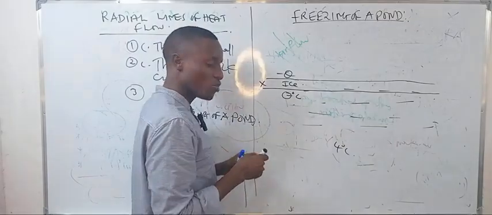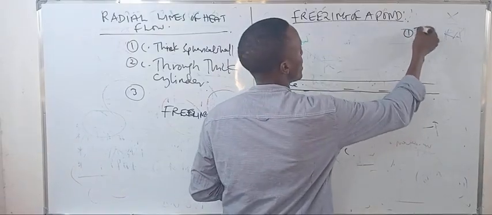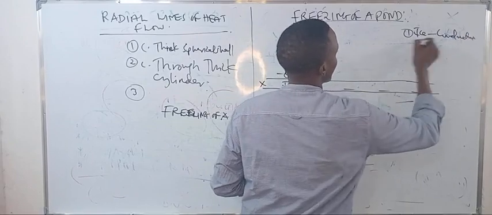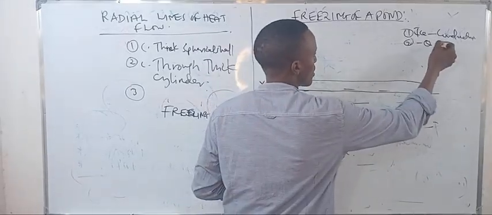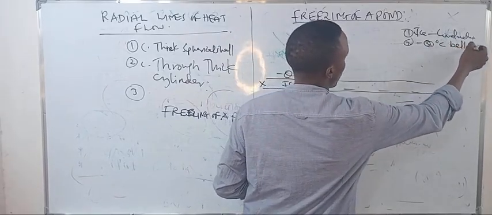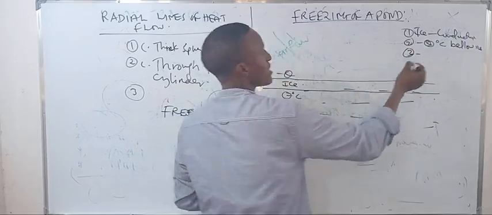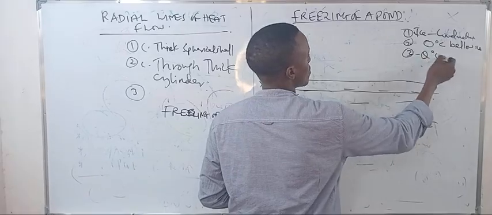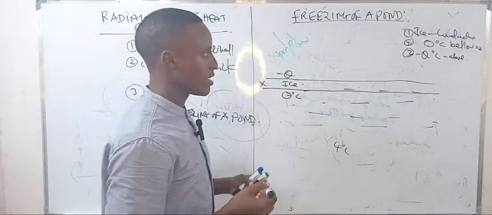So ice, we assume, is a conductor of heat. To summarize: first, ice transfers heat by conduction. Second, the temperature just below the ice is 0 degrees centigrade. Third, the temperature just above the ice is negative theta degrees centigrade.